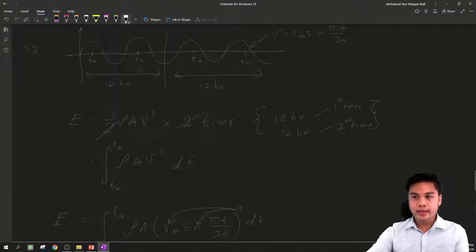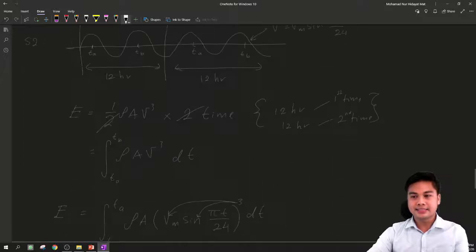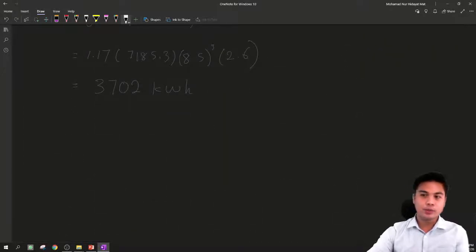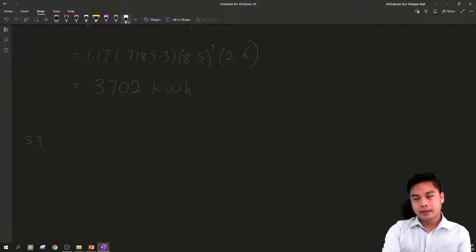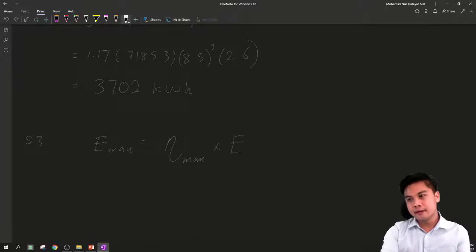Again, in order to get the maximum energy extracted from the wind turbine, this is step number 3. Energy max must equal efficiency max multiplied with E available, which is this one. So 0.593 multiplied with the available energy from the wind, 3702 kilowatt hour.